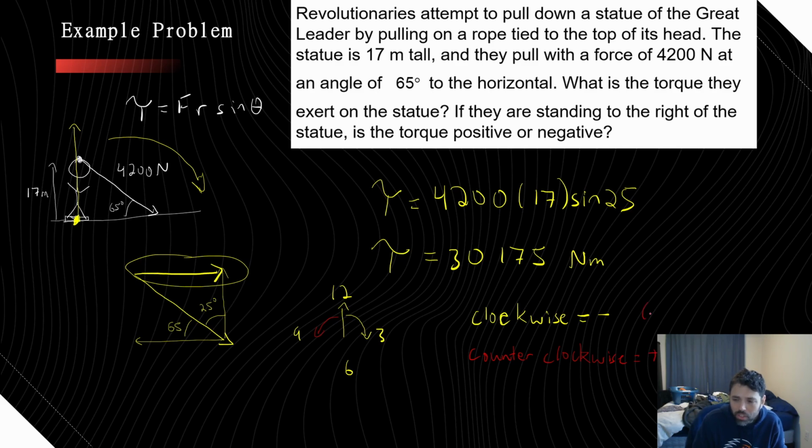Sometimes we abbreviate this as CW for clockwise and CCW for counterclockwise. But anyway, counterclockwise positive, clockwise negative. So if this causes the rotation to be clockwise, or negative, then the torque would technically be negative. It just means the direction that it causes the object to rotate in.